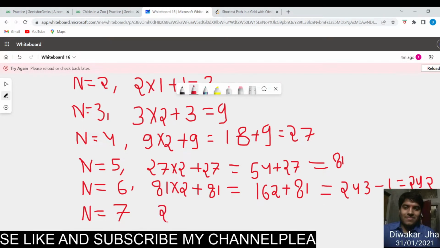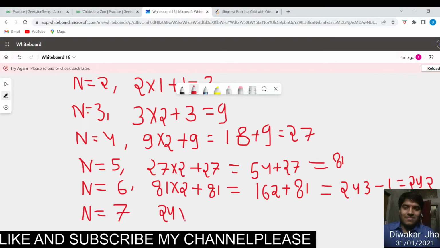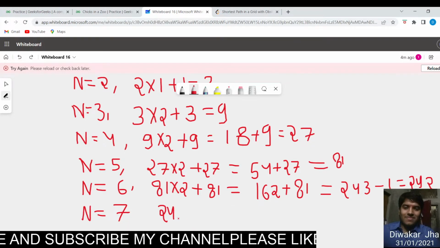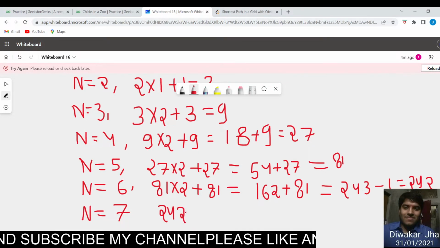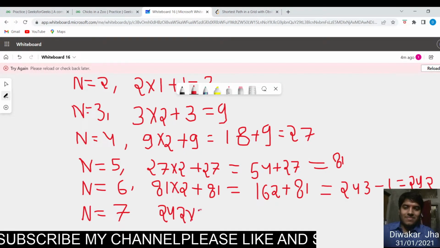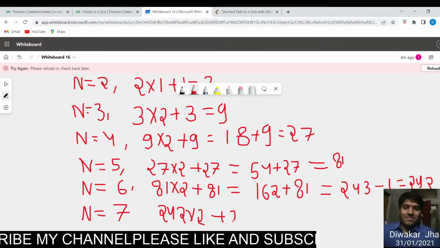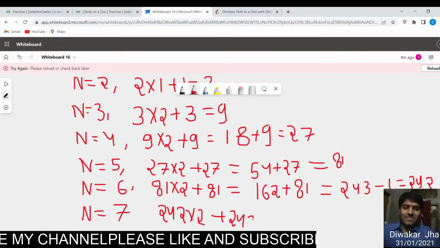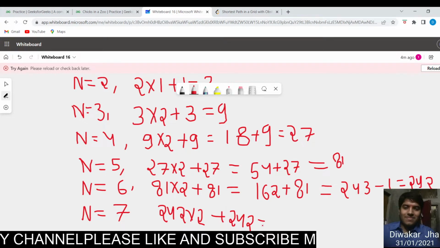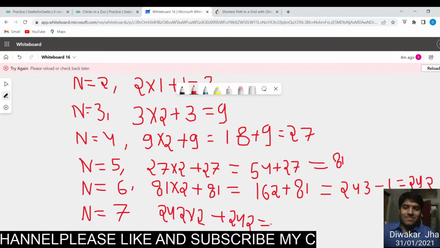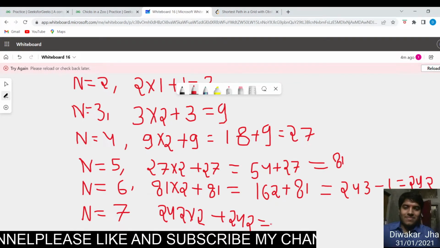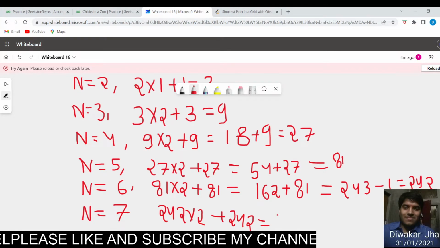This is our logical part. 242 chicks will produce 242 more and add with the 242. I hope you all understood this concept. So 242 will produce, that is 484.